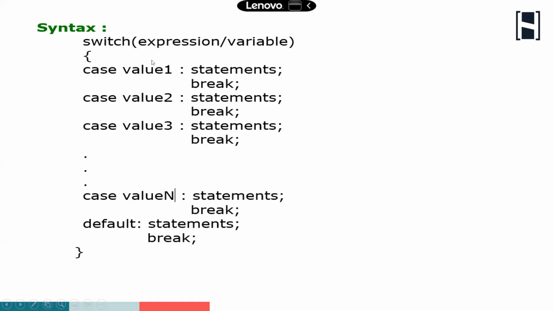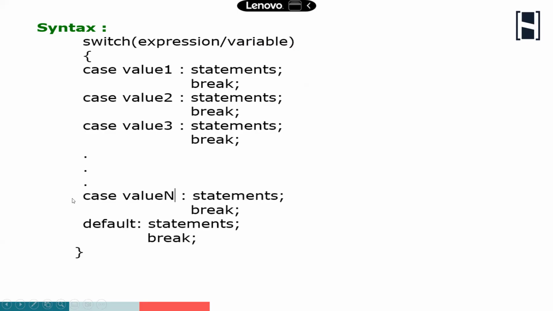If the first value itself is matched, then why should I check all the other remaining cases? No need for it because I have found my match. So once the match is found, the statements will get executed, and after completing the statements' execution, the break will take the control out of the switch case. Then it will go to the next line following this switch case block. That is the purpose of the break here.